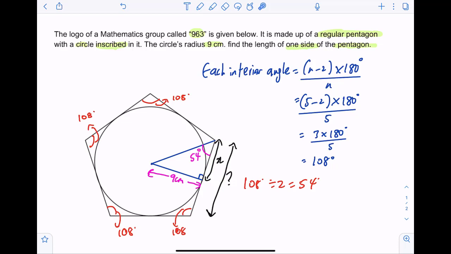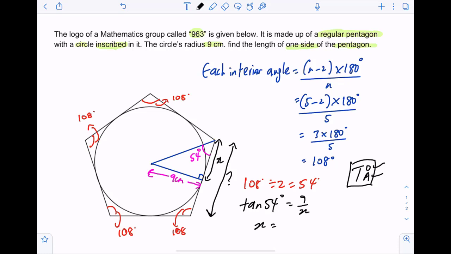So how to find x? Opposite upon adjacent. Again, you got a right angle triangle, you can use TOA, opposite over adjacent. So that is using TOA, which means tan. Tan of the angle, 54 degrees, is equals to opposite, which is 9, over adjacent, which is x.